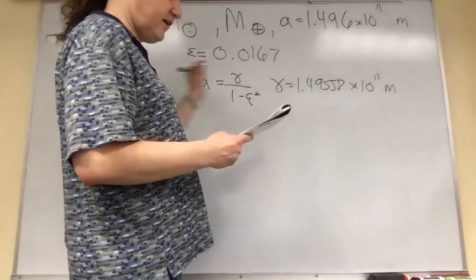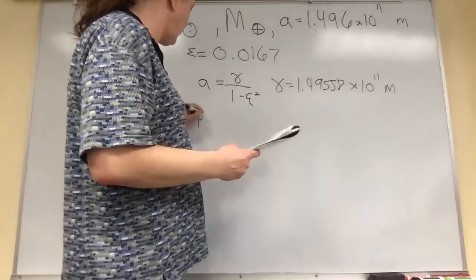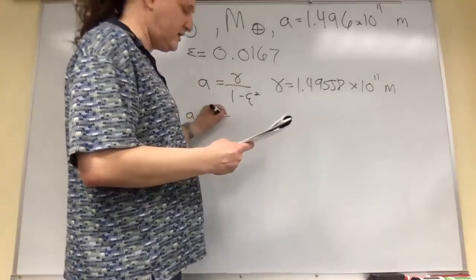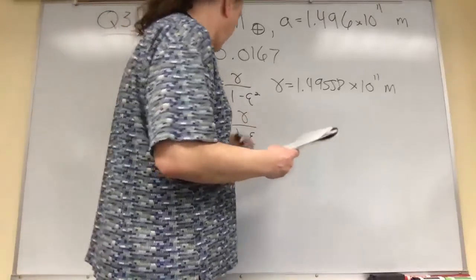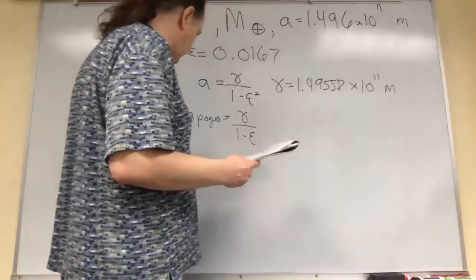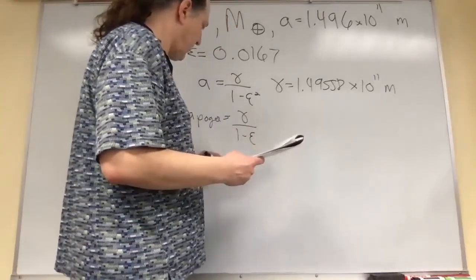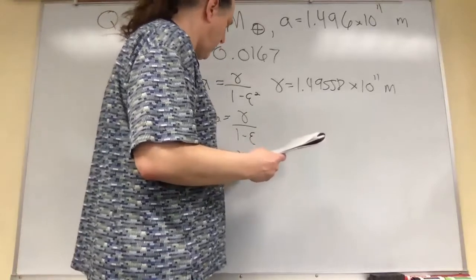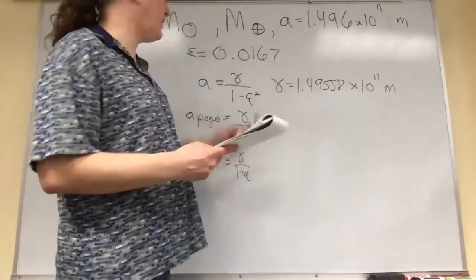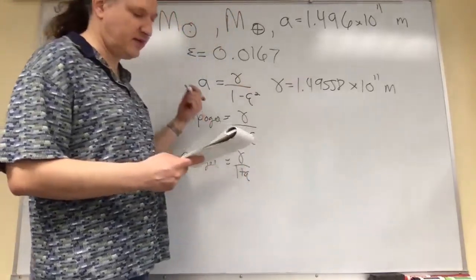All right, from this, we have in the book equations for apogee and perigee. And we know gamma and we know epsilon, so we can find both of these.